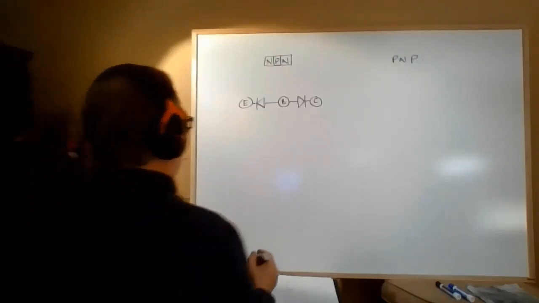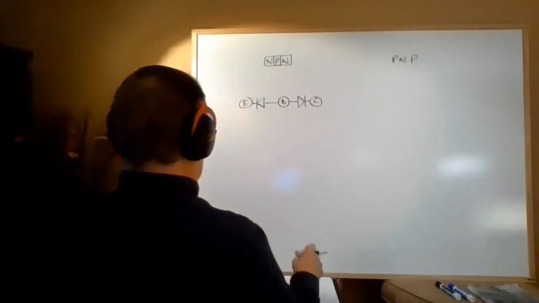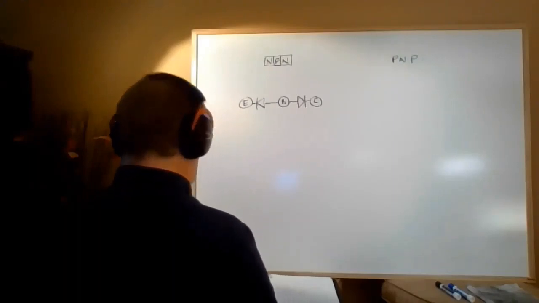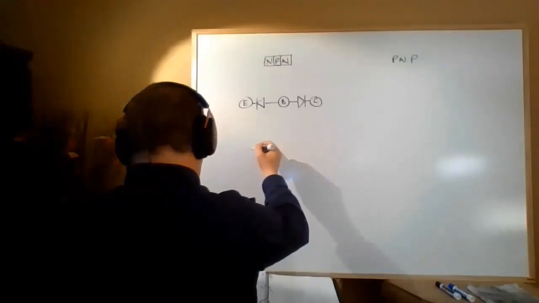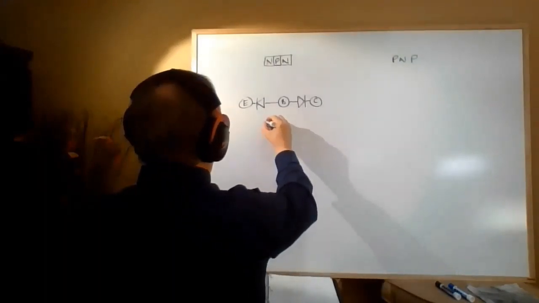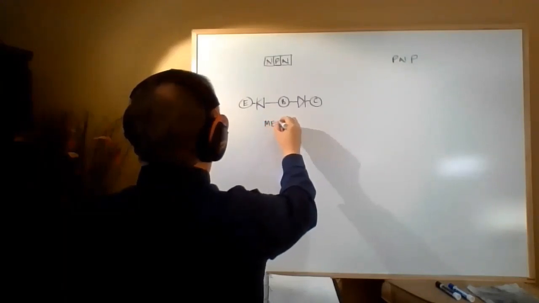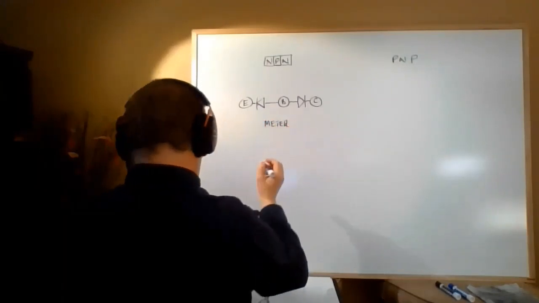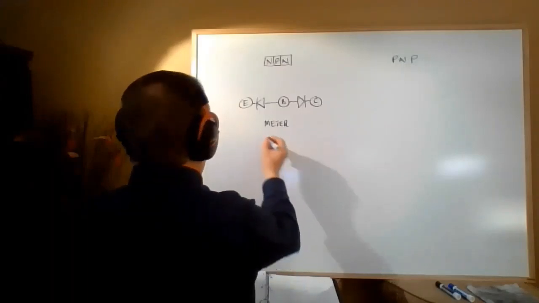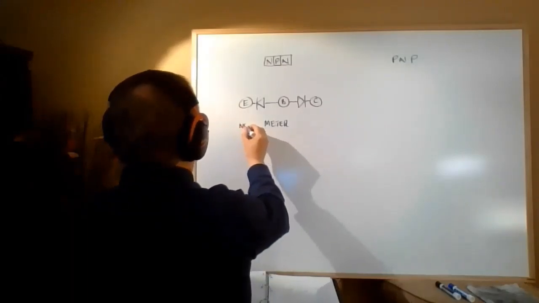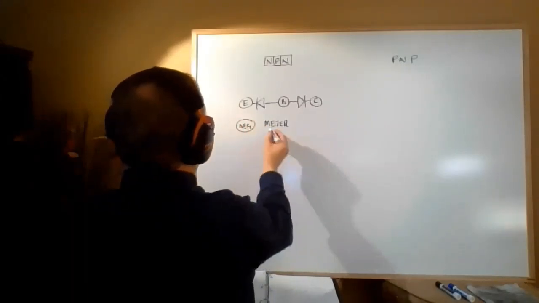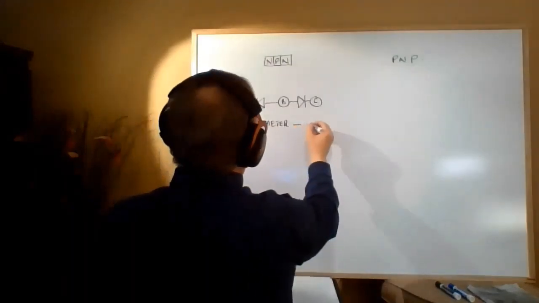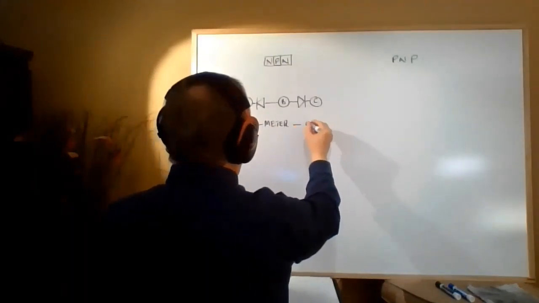And if you take an ohmmeter and do a little testing on this, this is what you would typically get. So let's put an ohmmeter like this. I'm going to use the negative. This will be the negative lead on the ohmmeter, and this will be the positive lead on the ohmmeter.